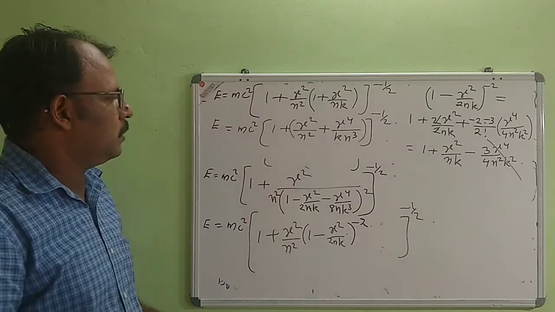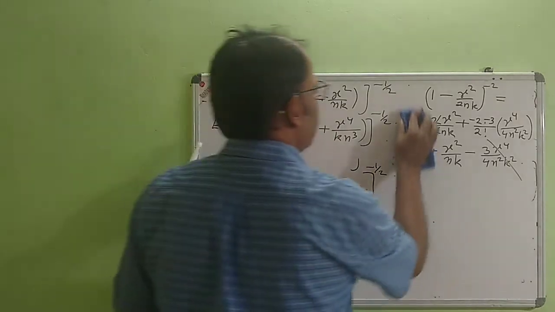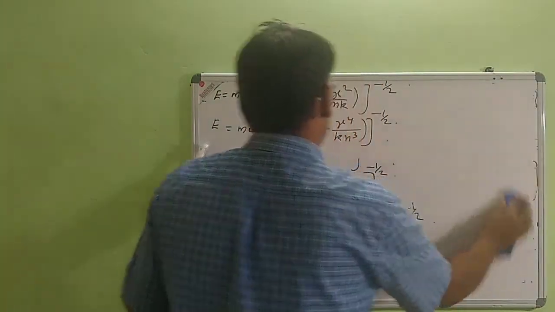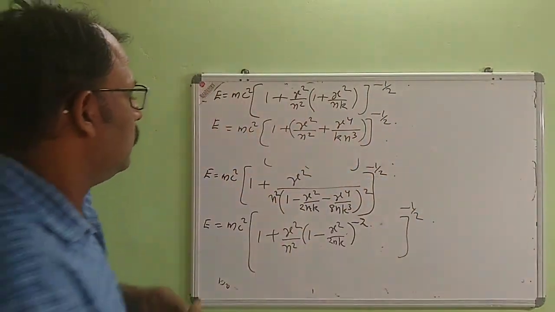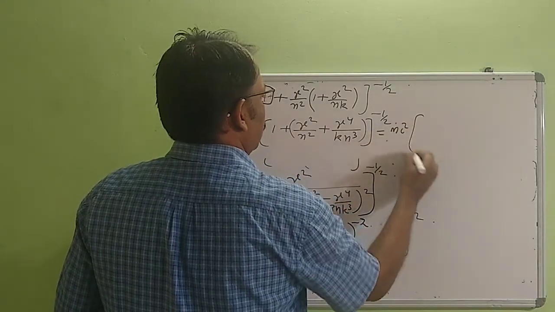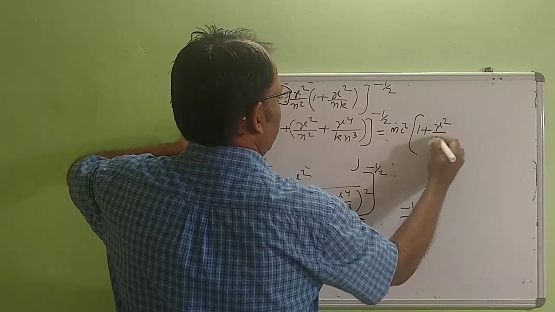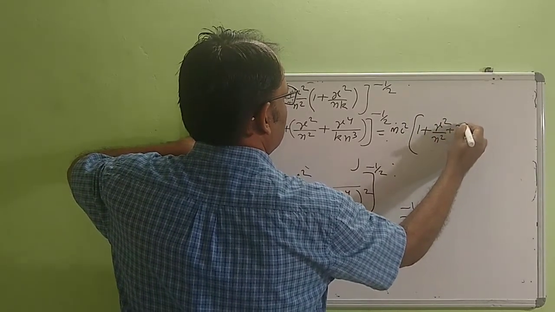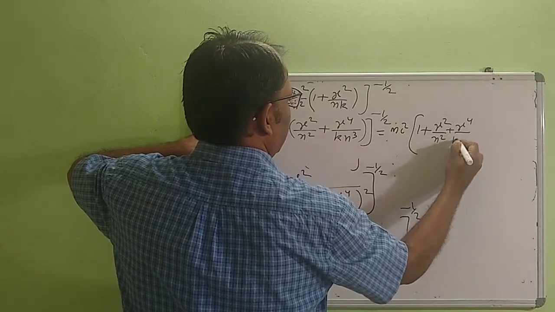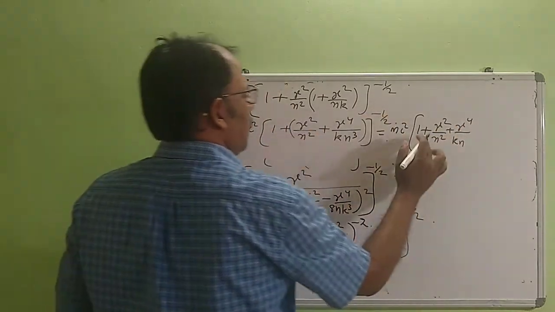Expand that using binomial theorem. When I expand that using binomial theorem, we can write it as, this is equal to mc square into 1 plus x is gamma square by n square plus gamma raised to 4 by k, 1 plus nx, 1 plus n is minus 1 by 2.